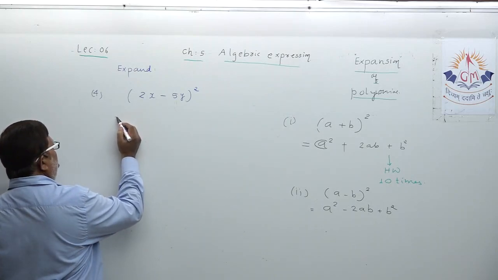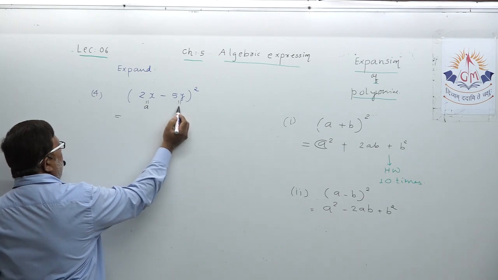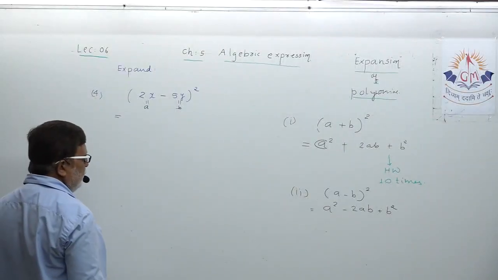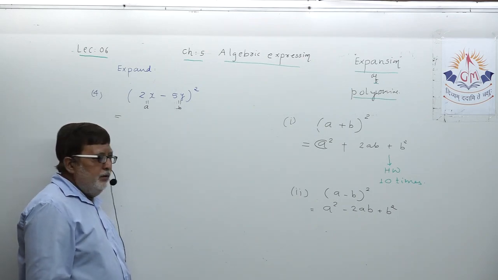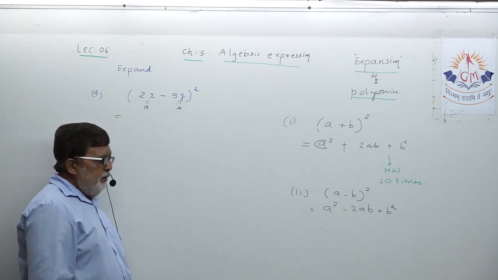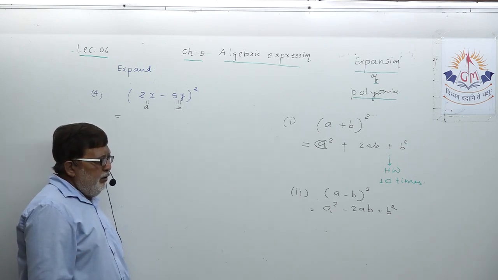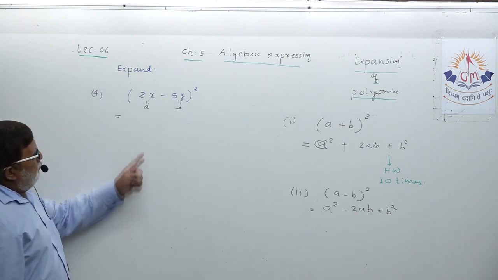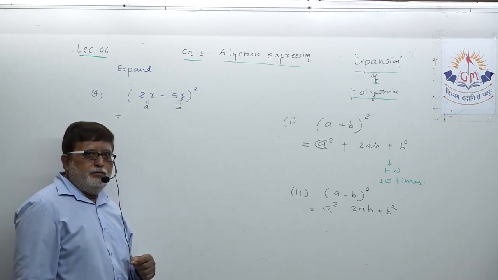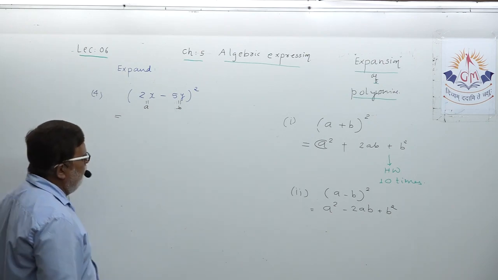First, can you understand? This is a and this is b. The format you know very well: a square minus 2ab plus b square. In place of a, you will substitute 2x. In place of b, you will substitute 5y.